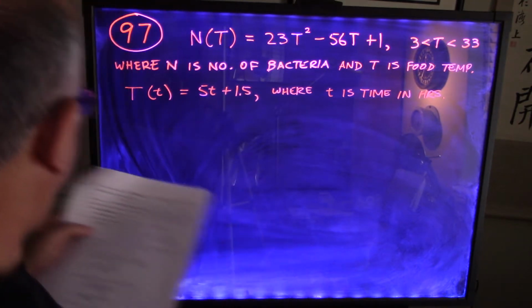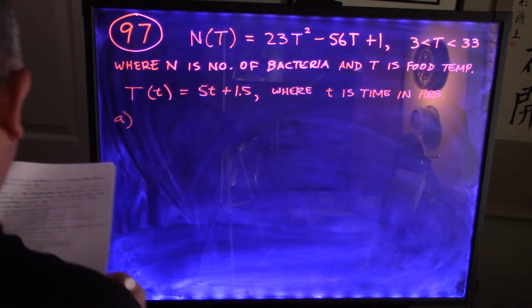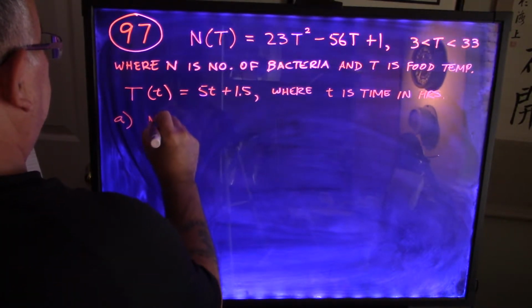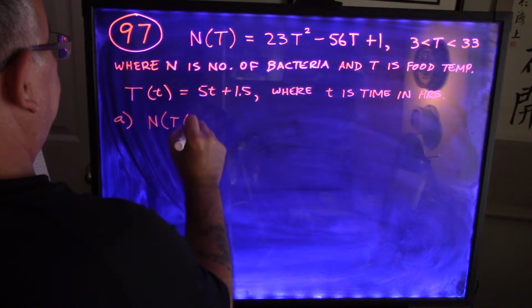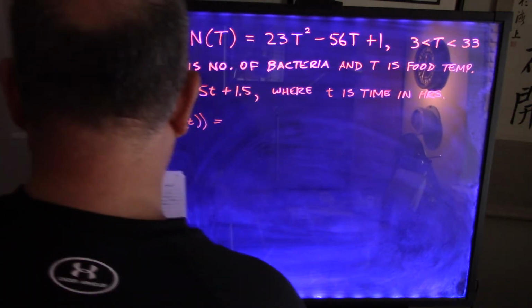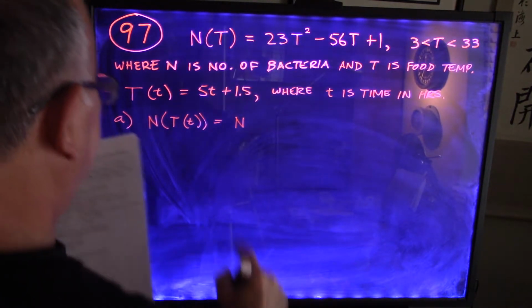Okay, part A. It says find the composite function N of T of t, N of capital T of lowercase t. All right, that equals, well, what are we going to get?